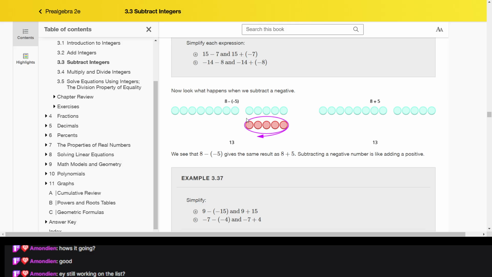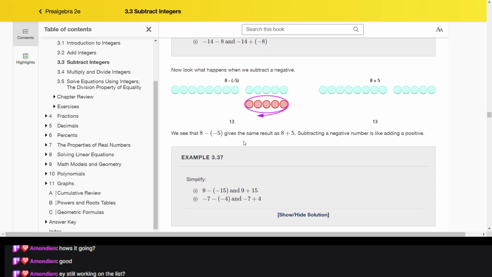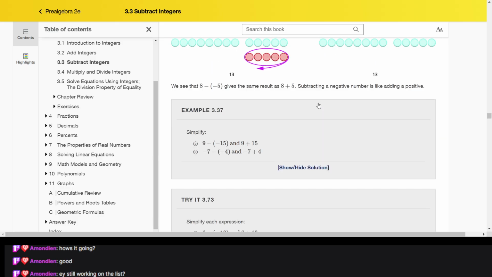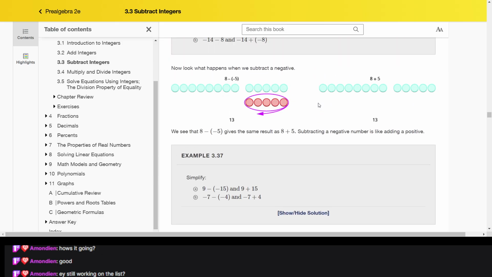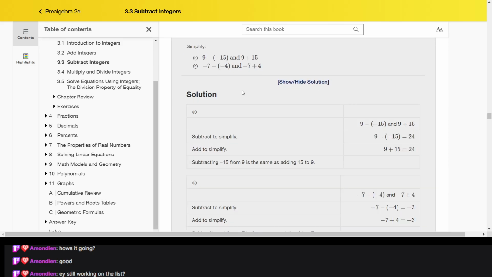Now look what happens when we subtract a negative. See that 8 minus negative 5 gives the same result as 8 plus 5. Subtracting a negative number is like adding a positive. Simplify, add to simplify.